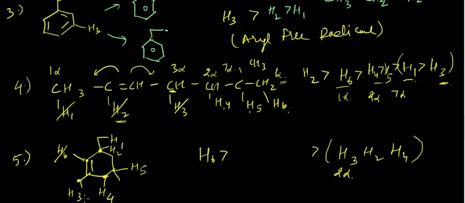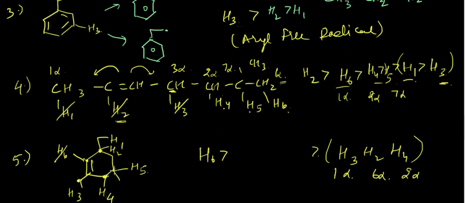For H2 we will have 3, 4, 5, 6 alpha hydrogens, and for H4 we will have 2 alpha hydrogens.